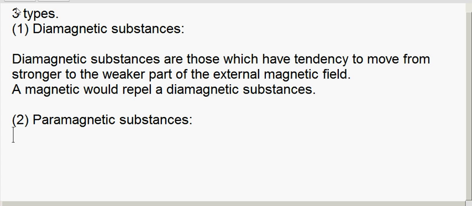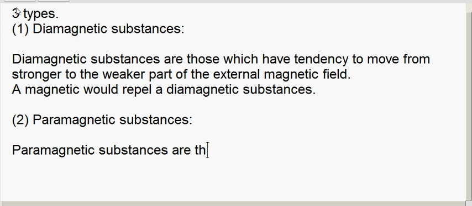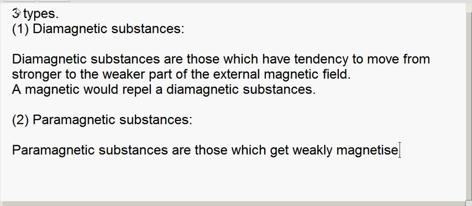So you can write, paramagnetic substances are those substances which get weakly magnetized when placed in an external magnetic field.